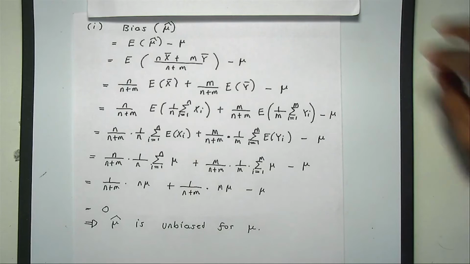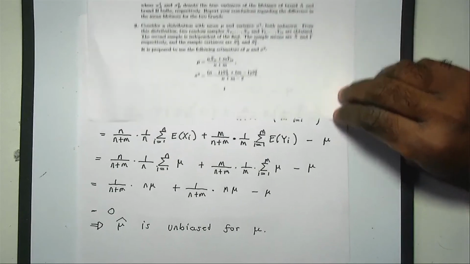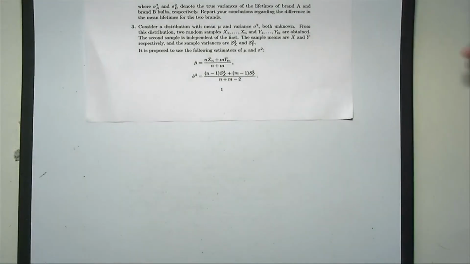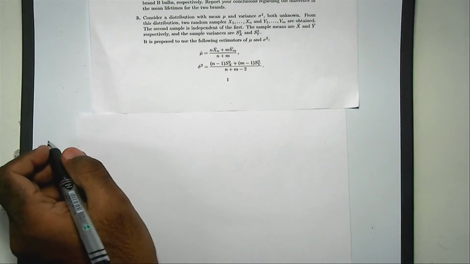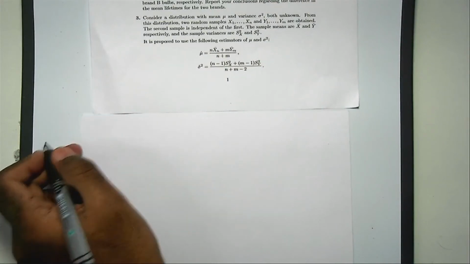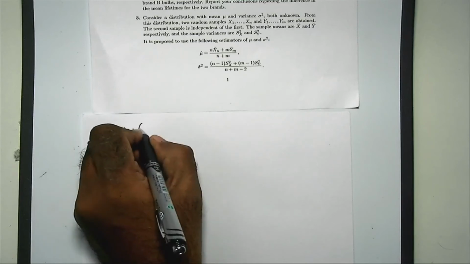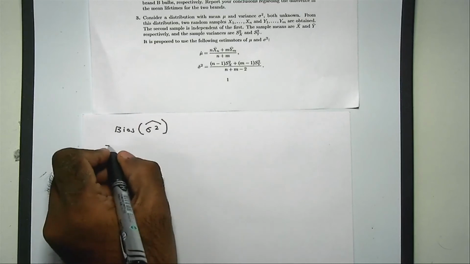Alright, now the second thing we need to show is that this is unbiased for sigma squared. Right, so let's see how we can do that. So we need to show that the bias of this is equal to 0.